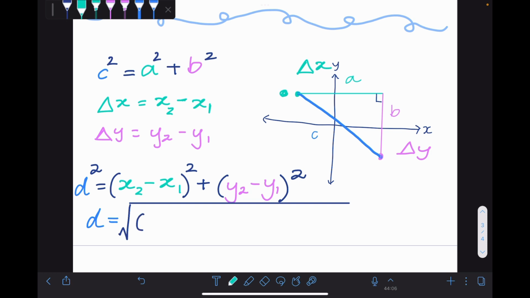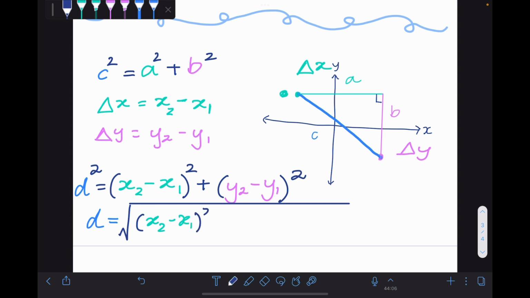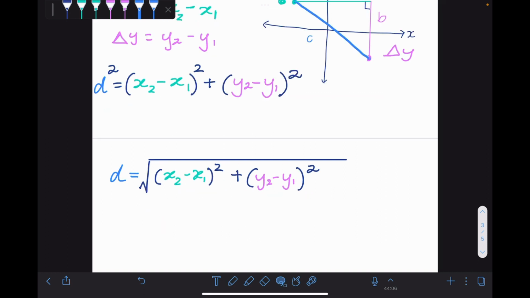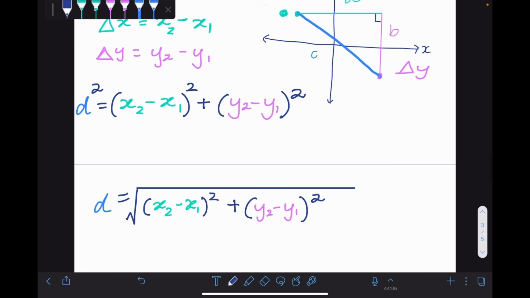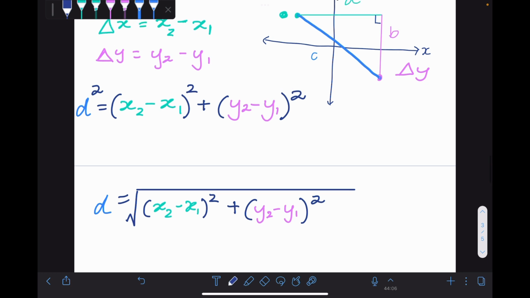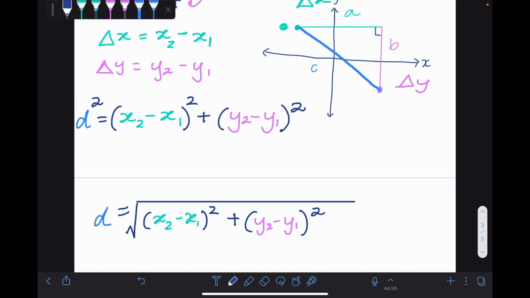Square root of x2 minus x1, how that's changed, all squared, plus how y has changed, squared. Ta-da! So we know that this here is our distance formula. Super easy when you actually look at it, and right now it looks pretty crazy. And that's okay. It'll make more sense when we do it.